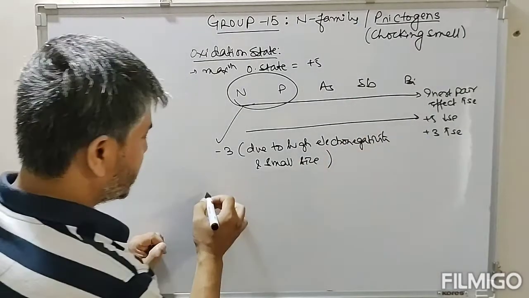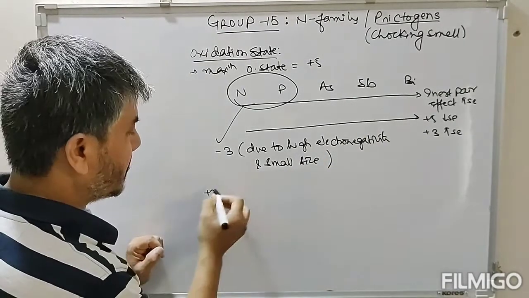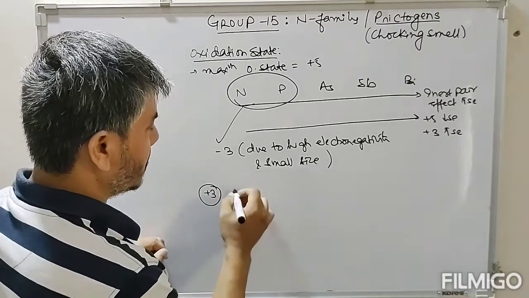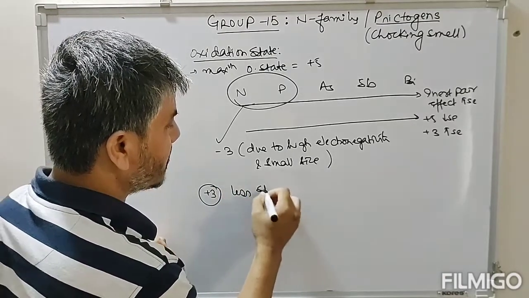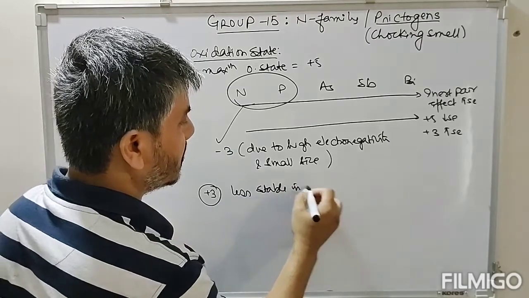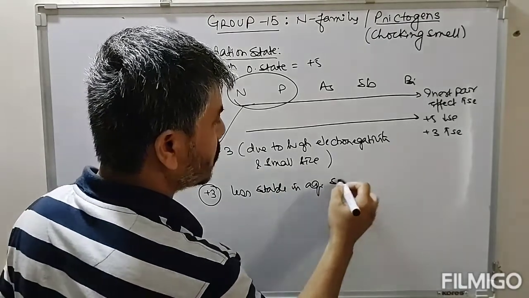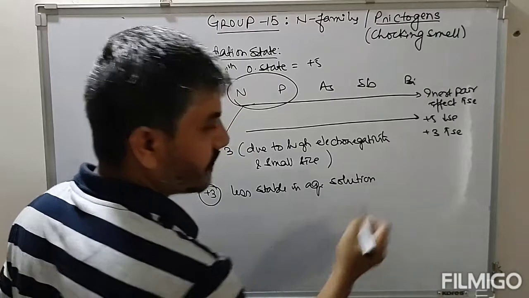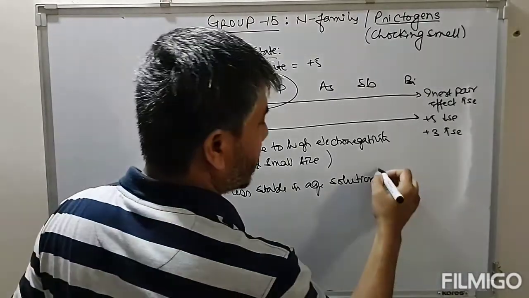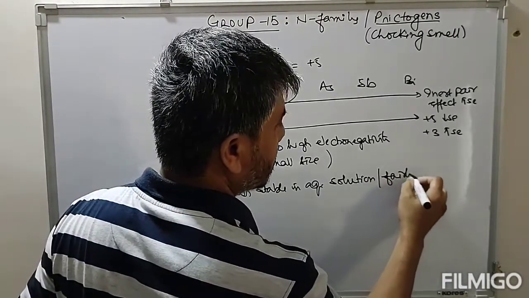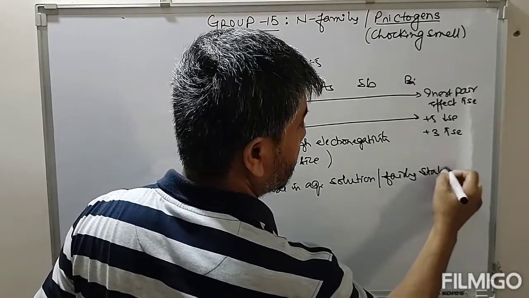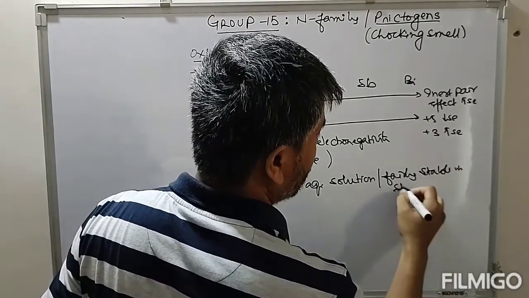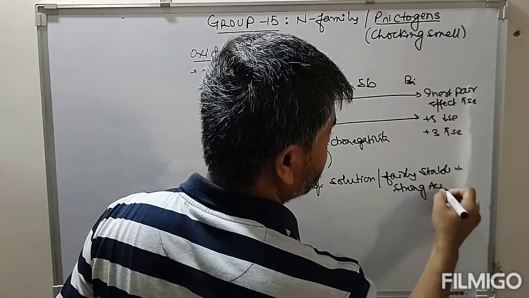So this +3 state of the heavier members is less stable in aqueous solution and fairly stable in strong acidic medium.